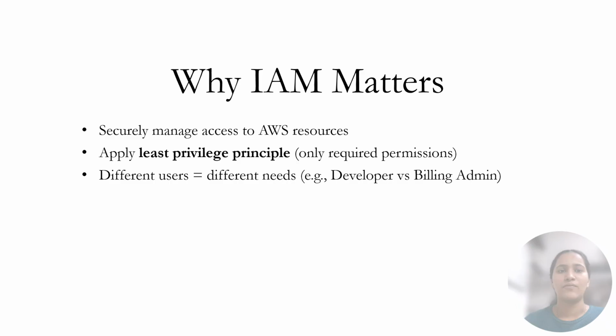Here, who refers to the developer and billing admin, what describes their actions like managing EC2 instances or viewing reports, and which specific resource they can access, such as certain EC2 instances or the billing dashboard. IAM ensures that each person has just the right access to the right resources.